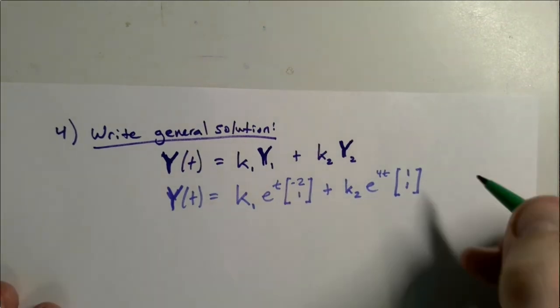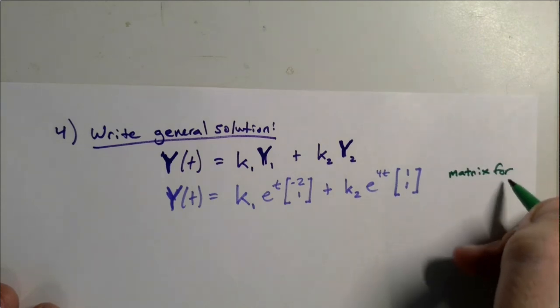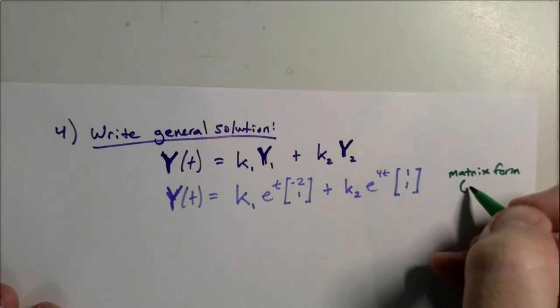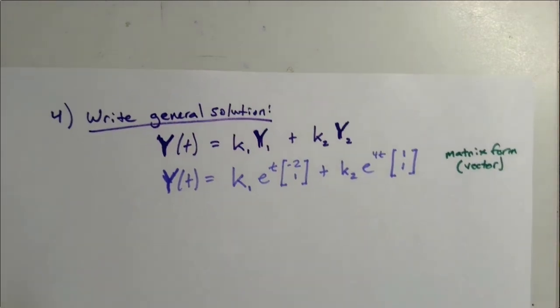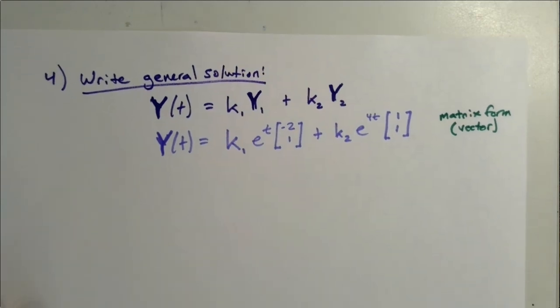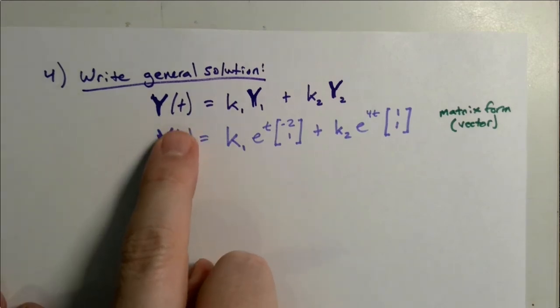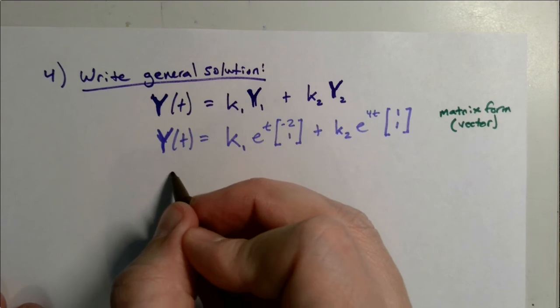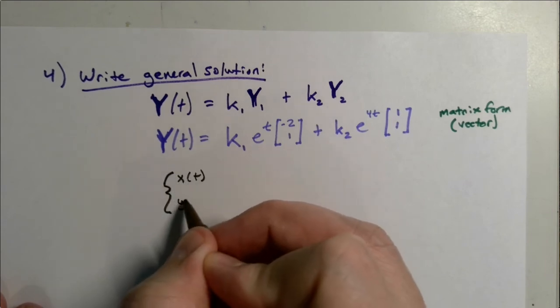So what we have found is the matrix form, or sometimes it's referred to as the vector form of the solution. But we could, if we wanted to, rewrite that in scalar or parametric form. And the scalar or parametric form, just remember, this is the same thing as an x of t and a y of t. So you've really got a pair of equations that look like this.